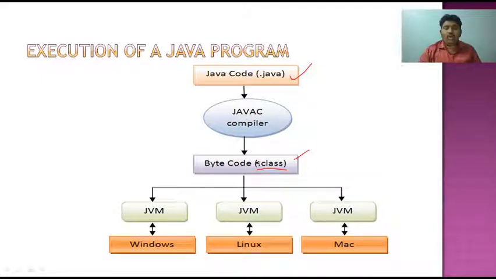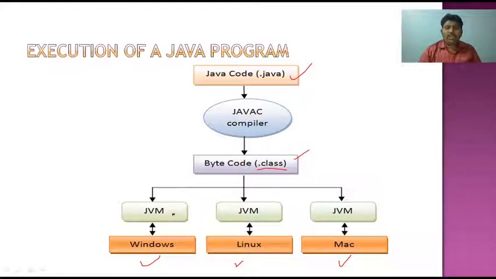That bytecode you can take to any kind of machine, like Windows, or Linux, or Mac. Whatever bytecode you give to Windows, on that Windows we have a suitable JVM for Windows; on Linux, the Linux suitable JVM will be there; on Mac, the Mac suitable Java virtual machine will be there.